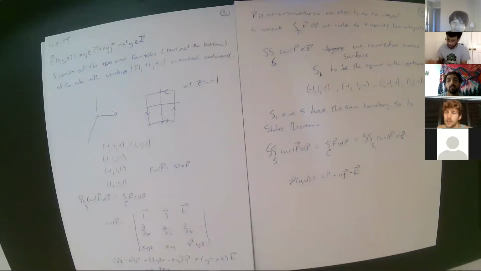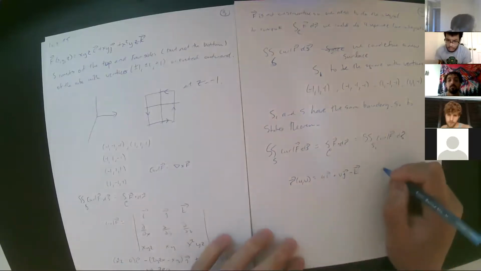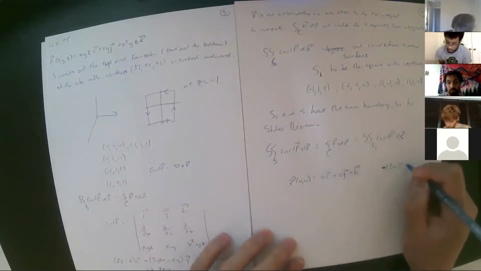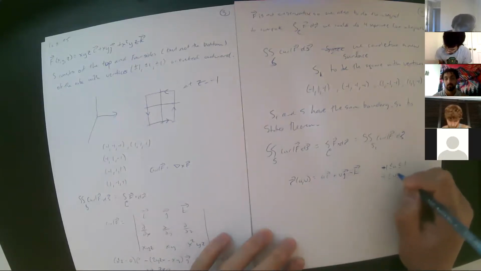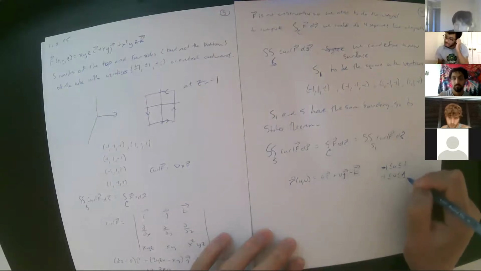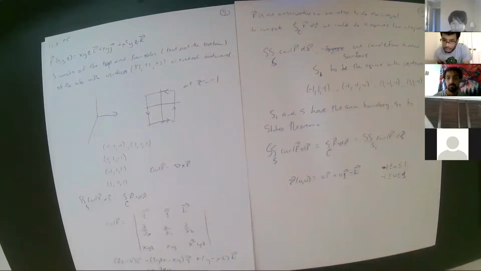And negative 1 is less than or equal to U, less than or equal to 1, negative 1 is less than or equal to V, less than or equal to 1. This describes the square.